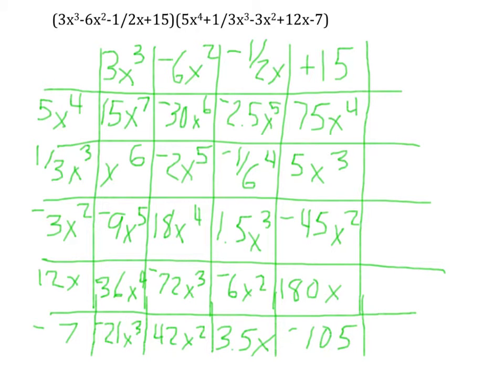Okay, now instead of wasting your time, I actually filled in the rest of the chart for you, and you go through the same process, starting with 1/3 x to the third, and then multiplying it through the top again and going down, and you would actually get all these terms. When you look at it, you can now see that you're going to have to combine the like terms, and basically they're all going to be in diagonals.